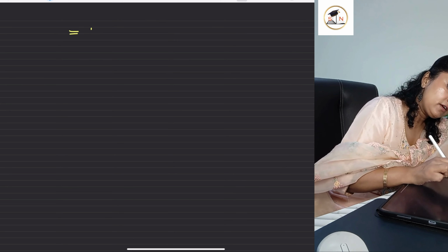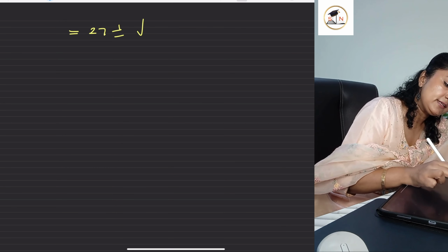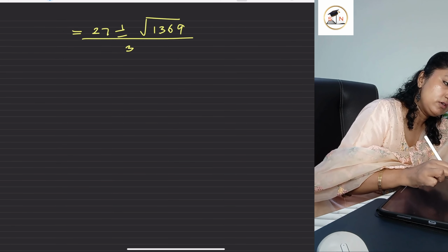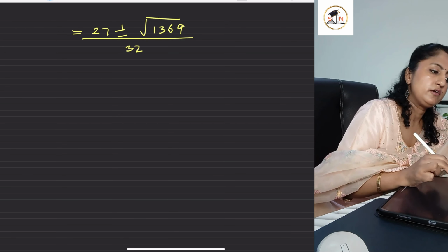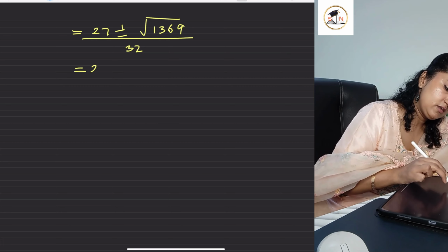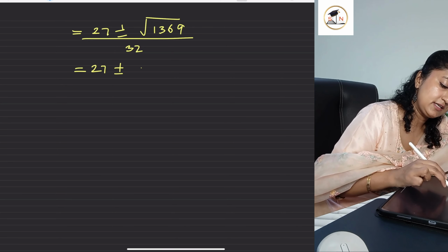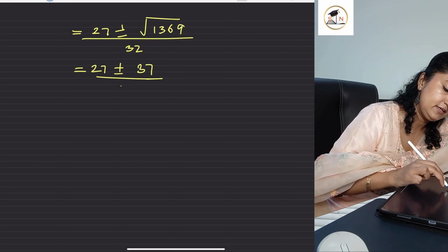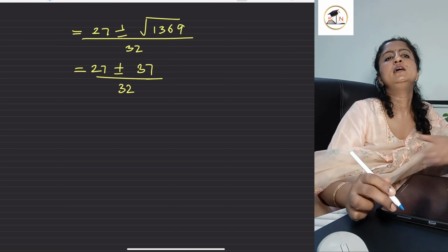So we are having 27 plus minus the square root of 1369, whole divided by 32, right? So now we need to find the square root of 1369, and that is 37. I have kept my calculations aside, right?